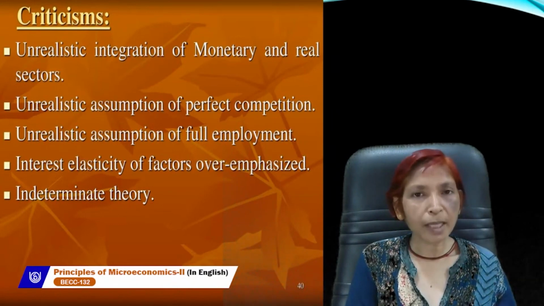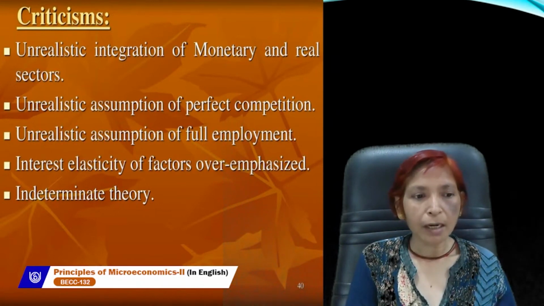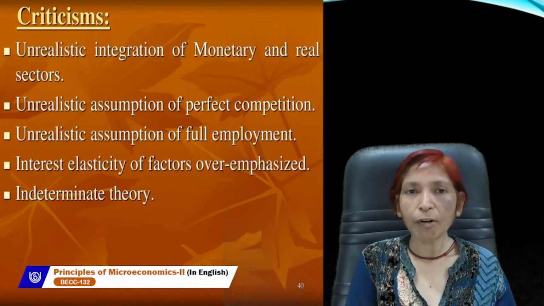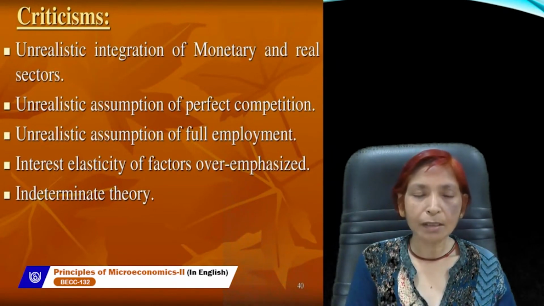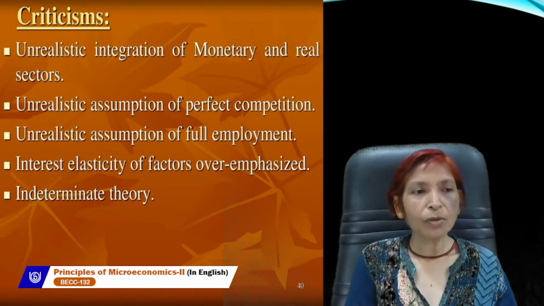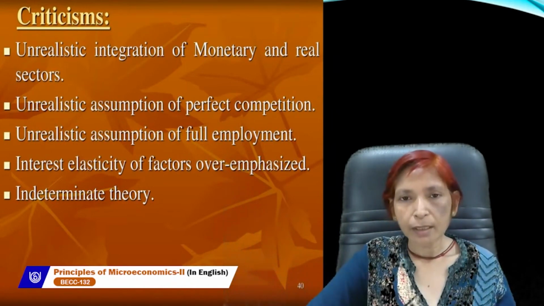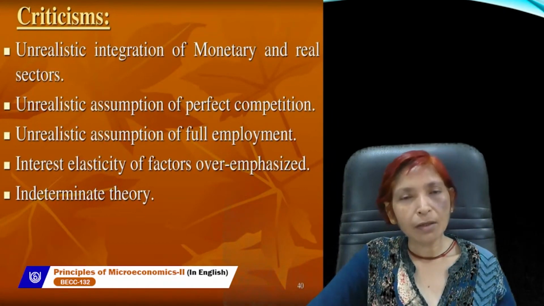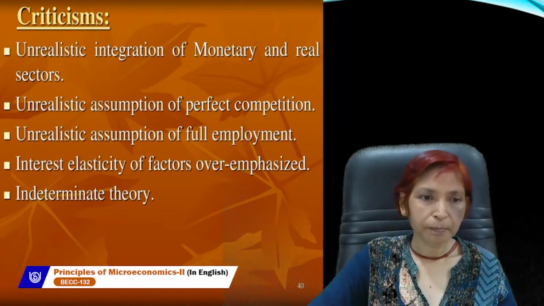This theory assumed that full employment exists in the economy and the firm's main goal is to earn maximum profit, and these assumptions are not perfectly realistic. So there is an unrealistic integration of monetary and real sectors. That's why this theory was criticized by many economists.